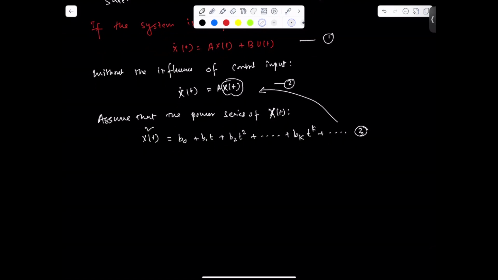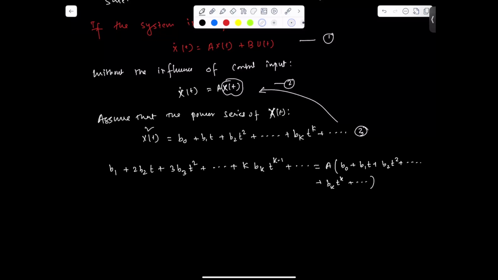So we will have b1 plus 2 b2 t plus 3 b3 t squared dot dot dot plus k bk t to the k minus 1 dot dot dot, equal to A of x t. For x t, we can write the full expression: b naught plus b1 t plus b2 t squared dot dot dot plus bk t to the k. So we can write it this way.